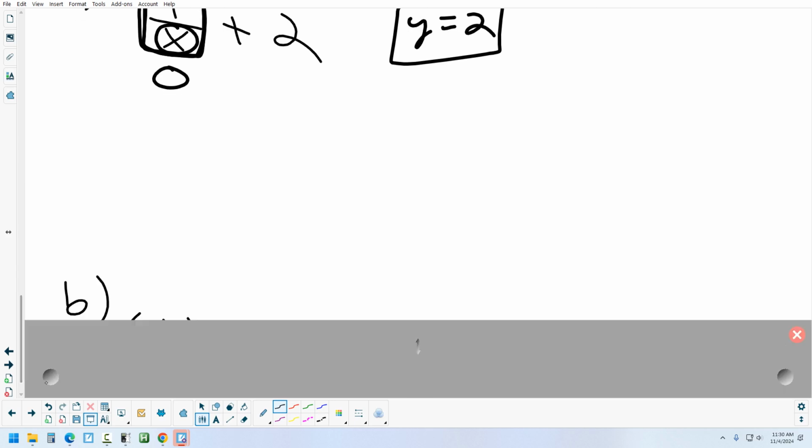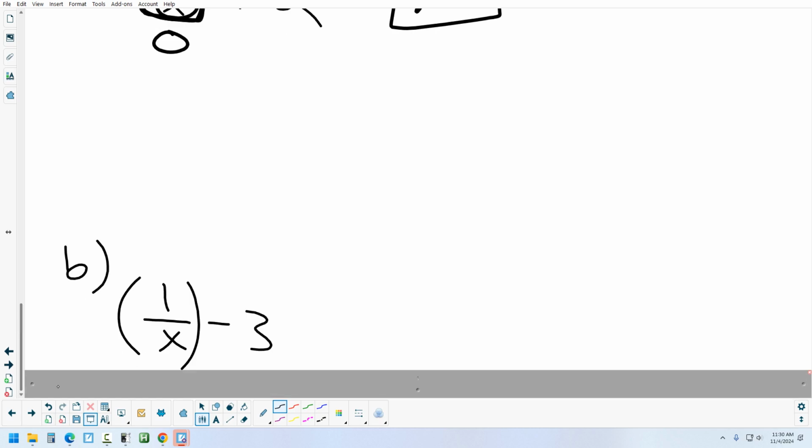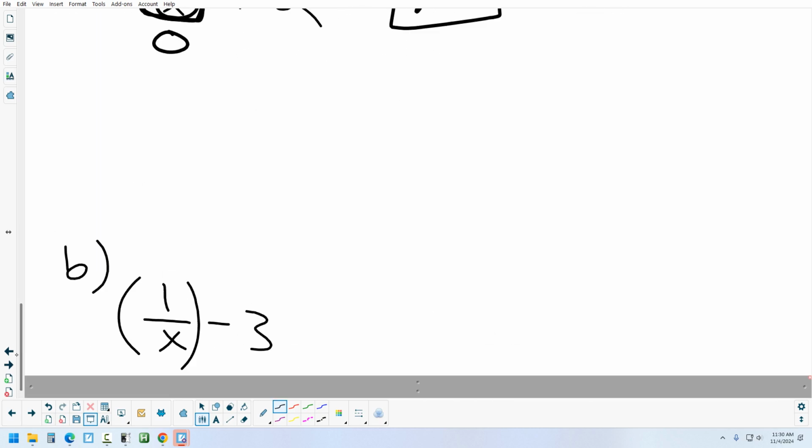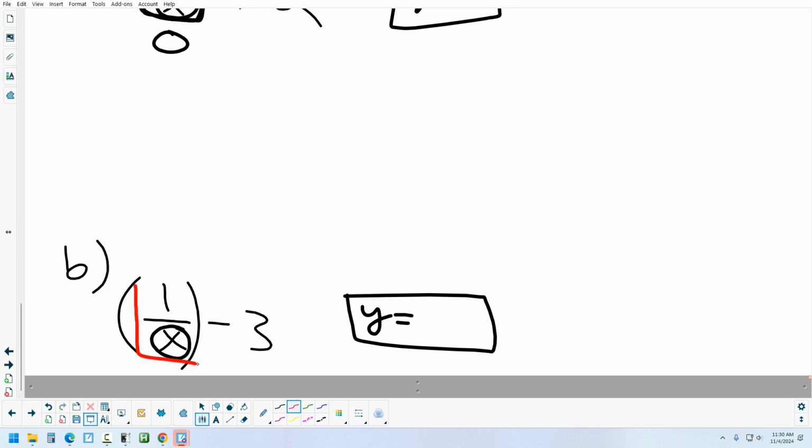All right, let's try this one. Same direction. Find the horizontal asymptote. Since it's horizontal, what letter will be by itself? Y. And now, as x gets bigger and bigger and bigger, what's going to happen to what I just put a red box around?